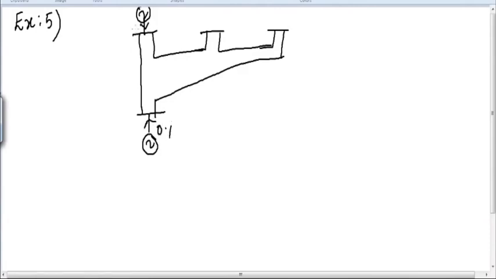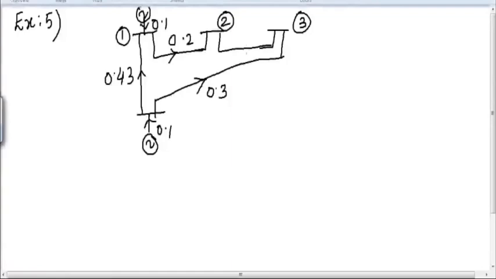All these values are given. You find the per unit values. This is the power system network which is given to us. Based on this, let us see what is the problem they have asked.